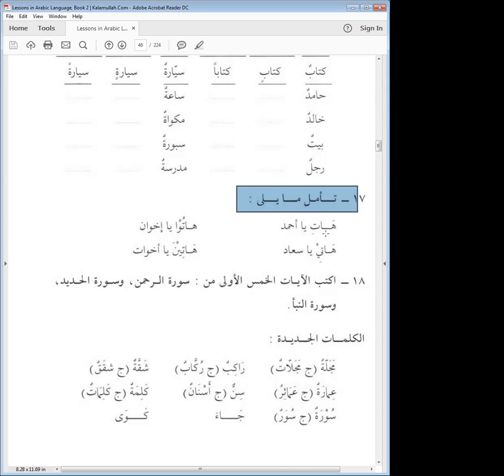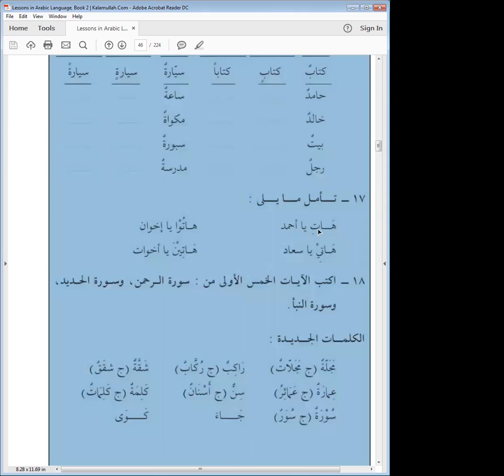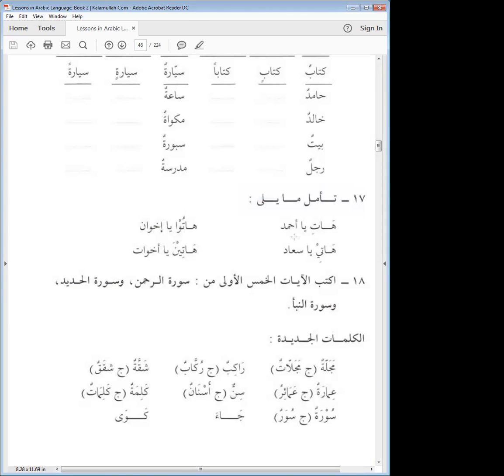So here we see, we are addressing masculine singular, masculine plural, feminine singular, feminine plural, right? If it's masculine singular, we say Hati ya Ahmadu, Hati with a kasra. Plural, you say Hatu ya Ikhwanu.